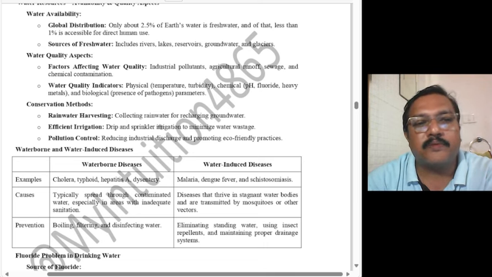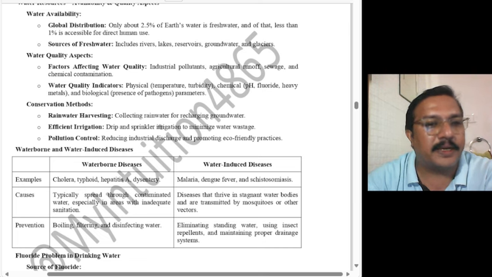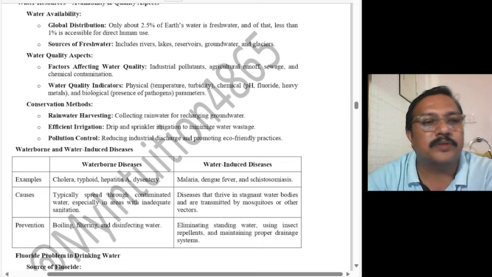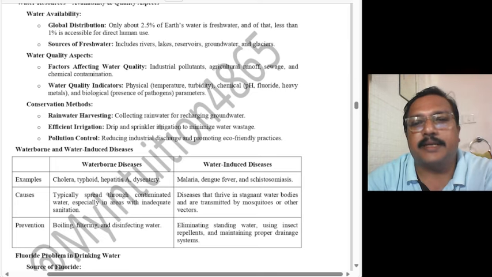Then comes wastewater or sewage from homes or cities. They also pollute water sources if not treated properly. Then comes chemical contamination, which includes any harmful chemicals, like those from mining activities, which can get into water sources.